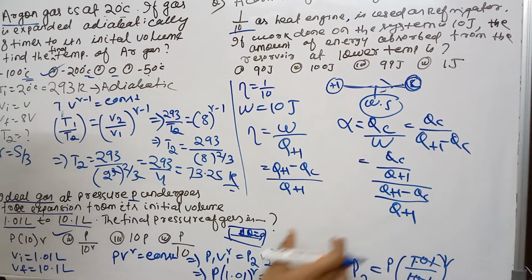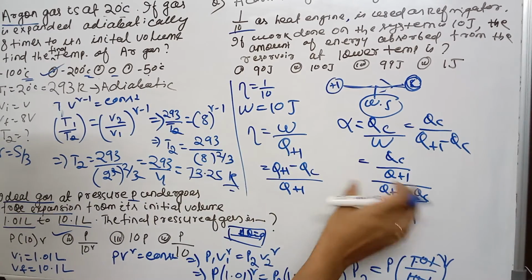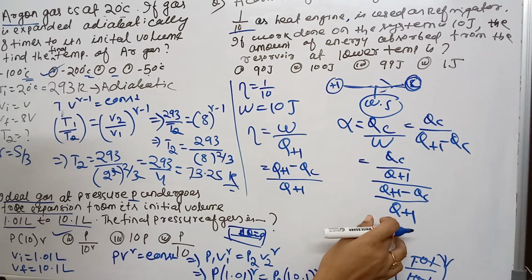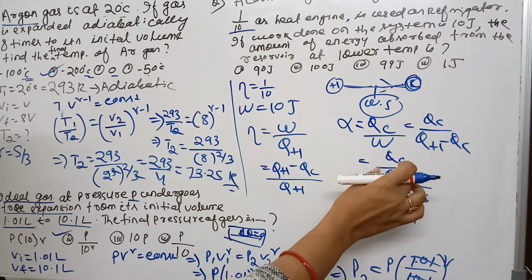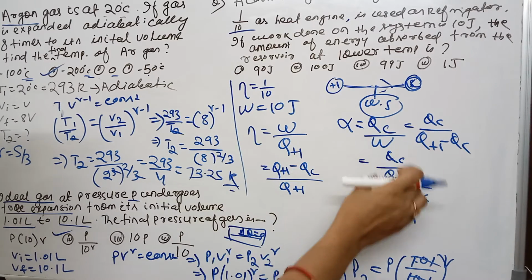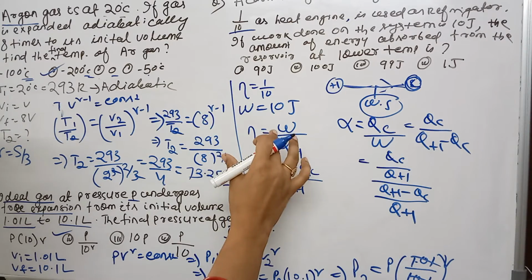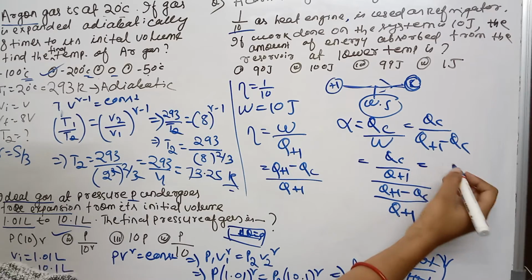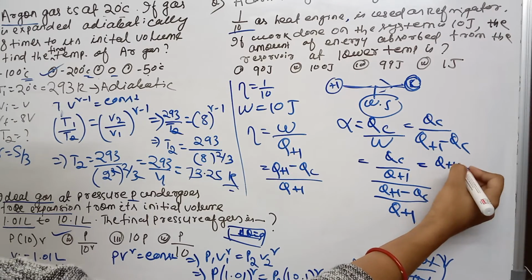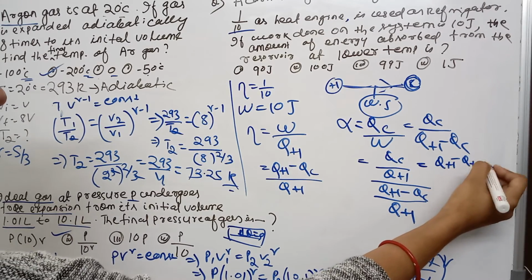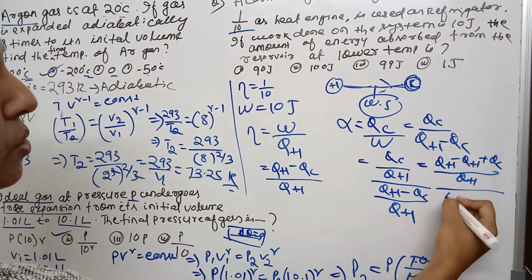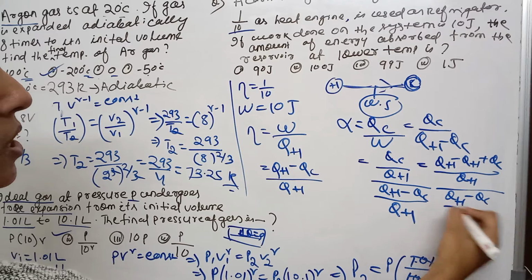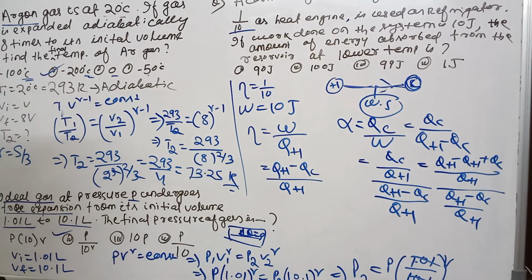Now here you get a form of eta, QH minus QC by QH. Again it is in the form of QC and QH. This term is extra, so again we need to convert this into the format of eta. So what will you do? Just add 1, QH minus QH plus QC upon QH, minus QC upon QH.